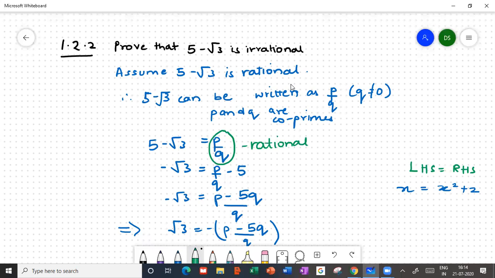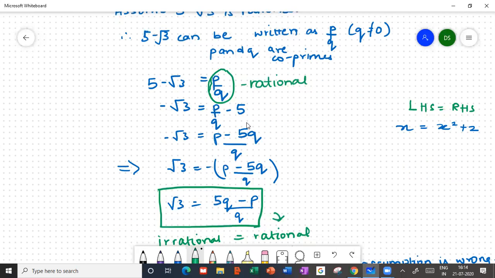So whatever operations I'm performing on the RHS, adding or subtracting anything to P by Q, it will still be rational, isn't it? That's why this RHS is rational. Did you get it? This result is rational.